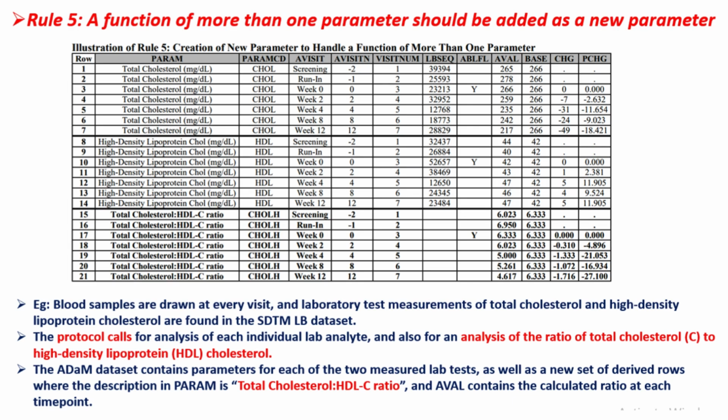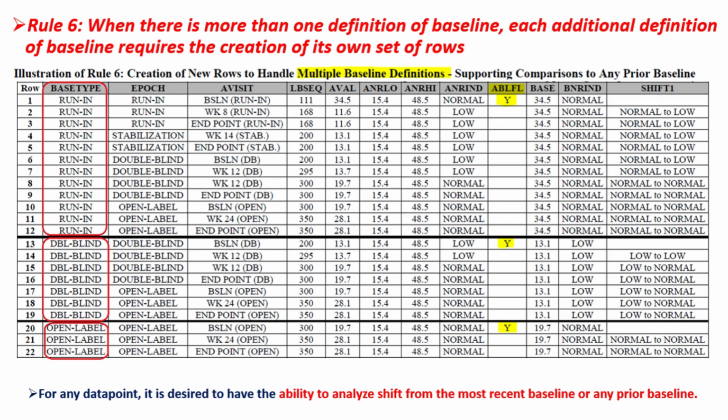The ADaM dataset contains parameters for each of the two measured lab tests, as well as a new set of derived rows where the description in PARAM is total cholesterol/HDL-C ratio, and AVAL contains the calculated ratio at each time point.